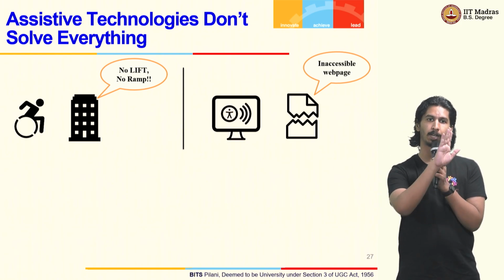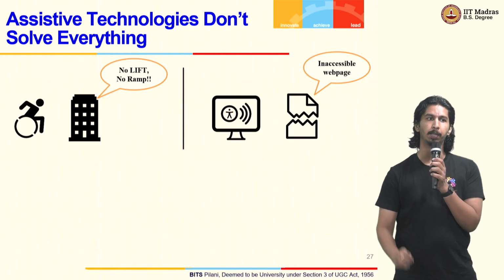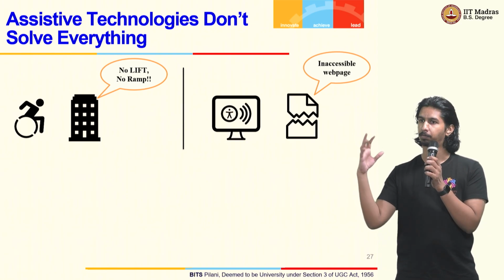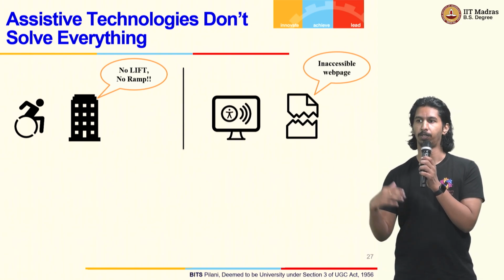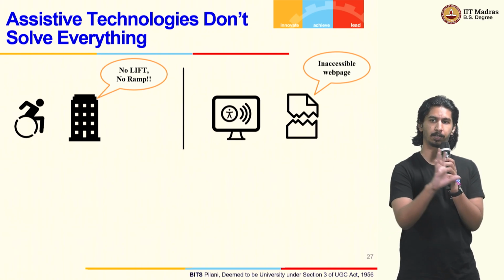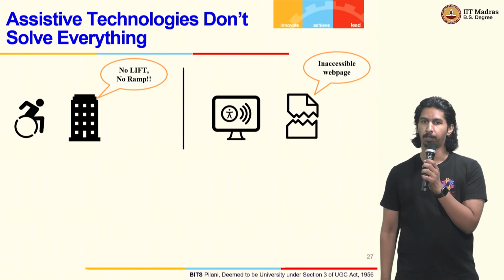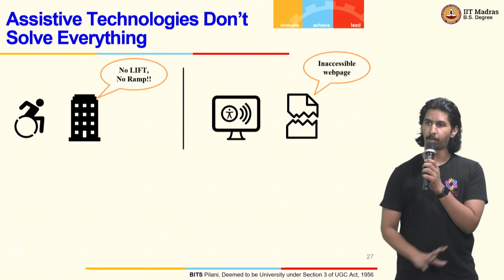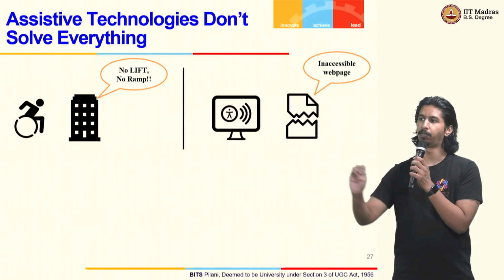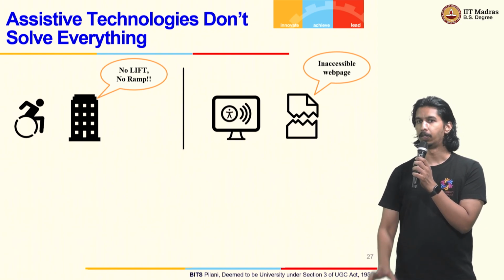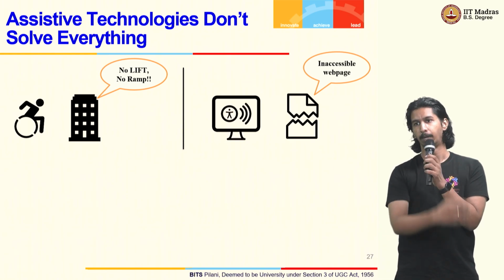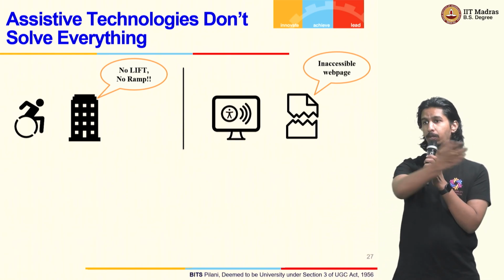Assistive technologies exist on one hand. People are developing them, using the latest technologies, AI, ML and whatnot, and creating assistive tech. Perfect. But on the other hand, the environment also has to support the use of these assistive technologies. In the physical environment, we might have to have braille labels all around in these rooms.